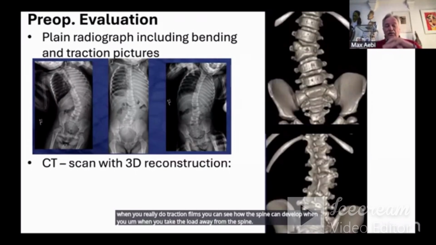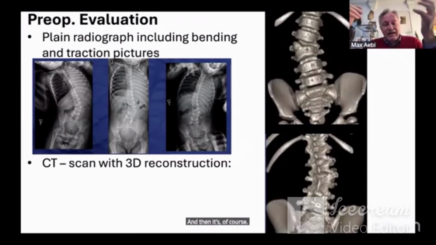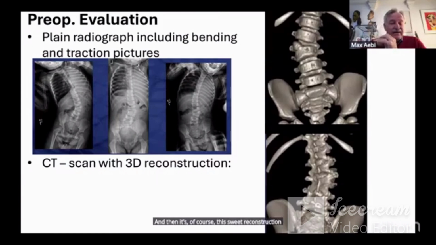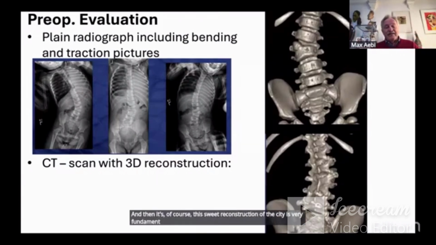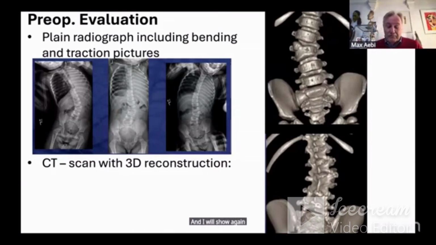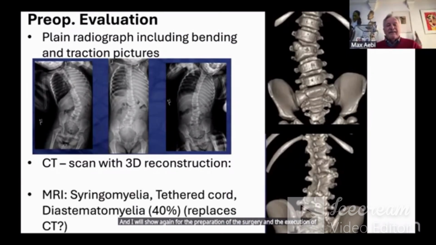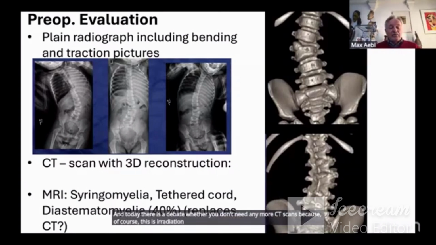And then, of course, this 3D reconstruction of the CT is very fundamental today, as we have seen. And I will show again for the preparation of the surgery and the execution of the surgery. And today there is a debate whether you don't need any more CT scans because, of course, this is irradiation, and whether you can do all that with the MRI.